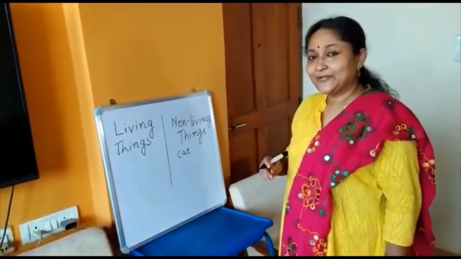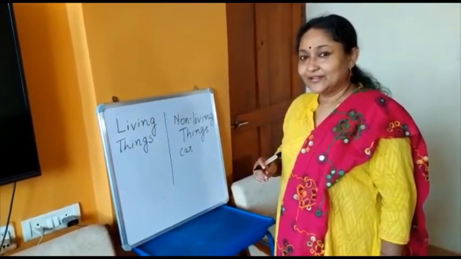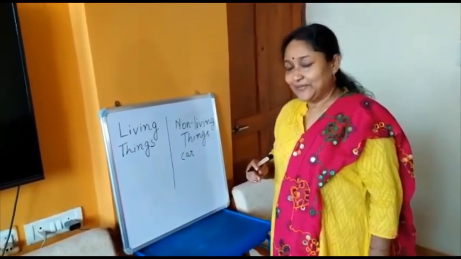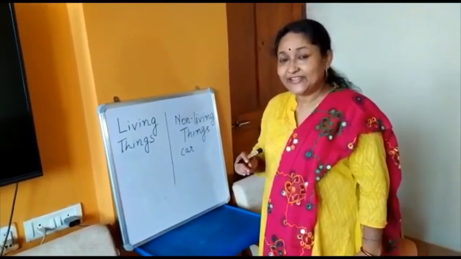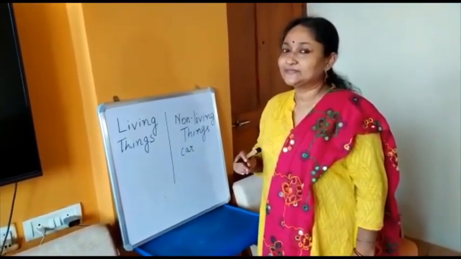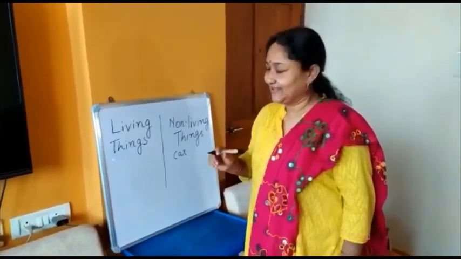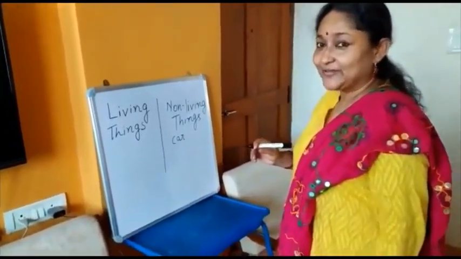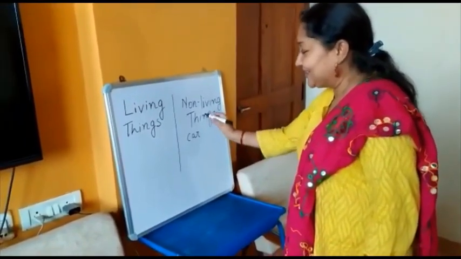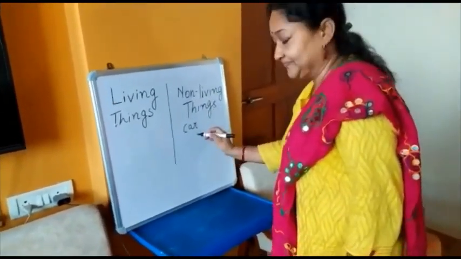Next what we saw? One orange color building. Building is living thing or non-living thing? Building is a non-living thing. Where we will write then? We will write it here under the non-living things column.